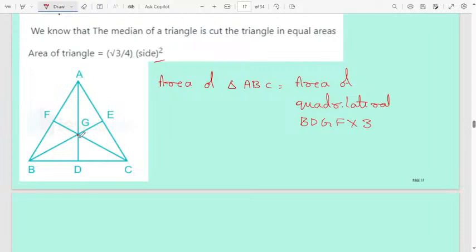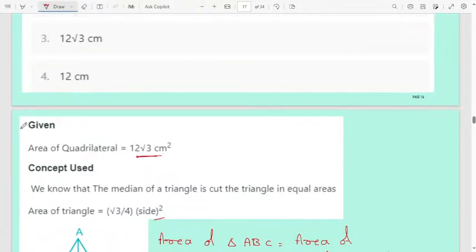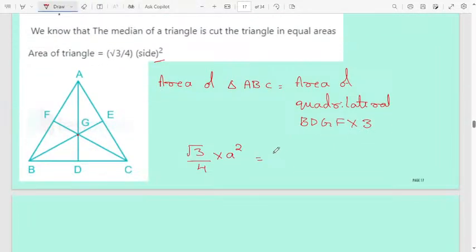Then substitute here: area of a triangle is root 3 by 4 into a square. This is the formula when we have to find the area of triangle ABC. Then the area of the quadrilateral is given directly in the question, 12 root 3 centimeter square. So 12 into root 3 into 3.